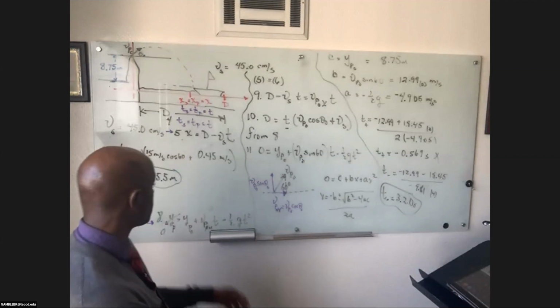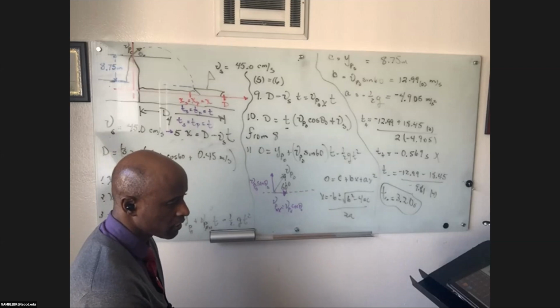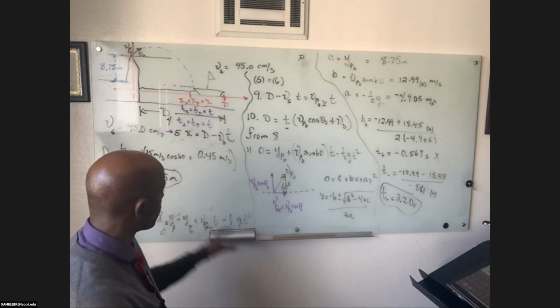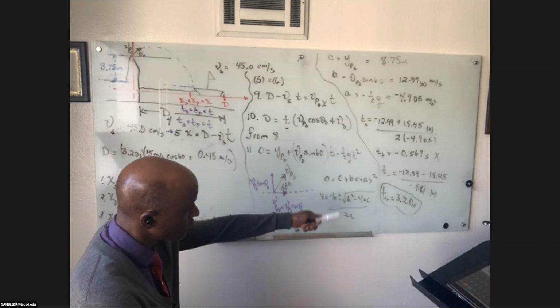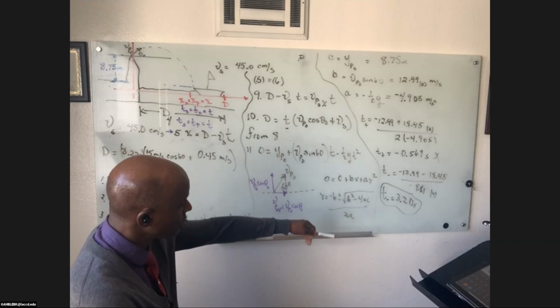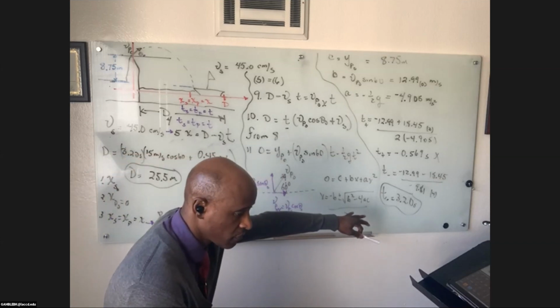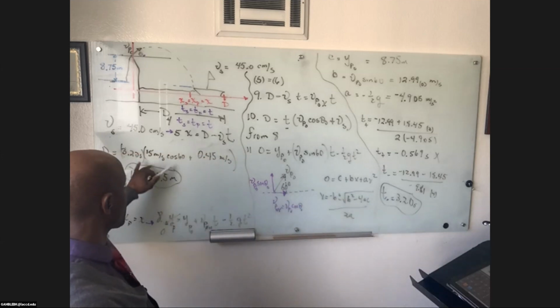Don't use 3.20. You've got to use the whole thing. Everywhere you have to use the whole thing, all the numbers. Don't round off until the very end of the solution. When you report that solution, yeah, you use 3.20. But when you use the number in a subsequent calculation, you can't use the rounded off version. You have to go back to the original. Here, I'm not actually putting in 3.2.